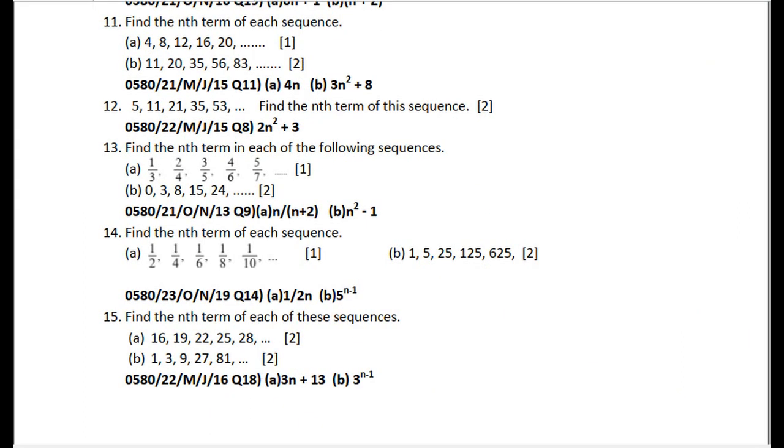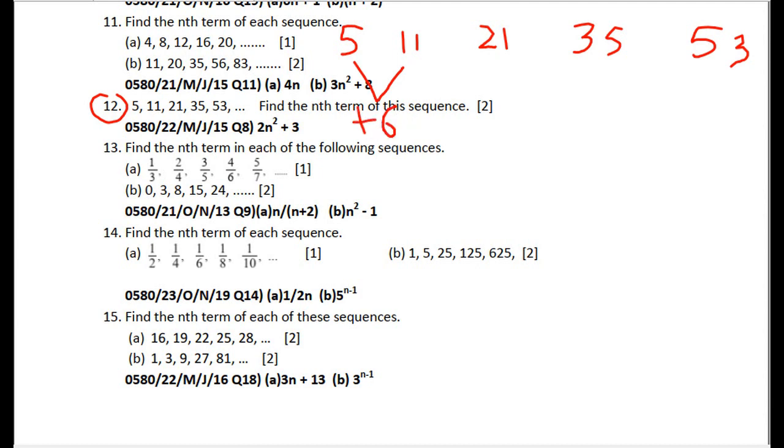Question 12. Find the nth term of the sequence 5, 11, 21, 35, 53. How do we go to 11 from 5? Add 6. How do we go from 11 to 21?